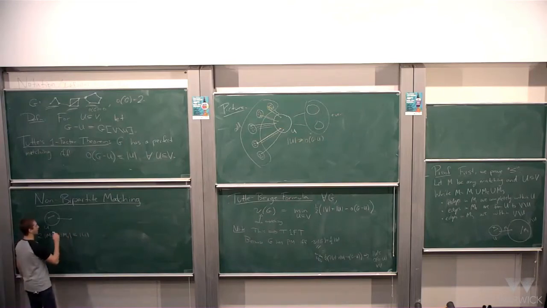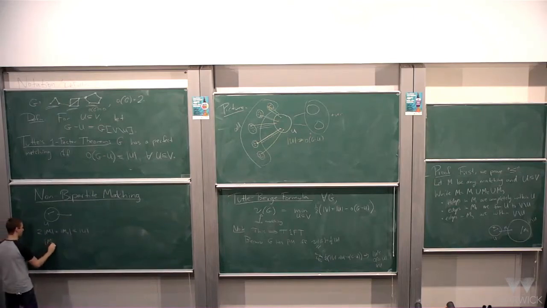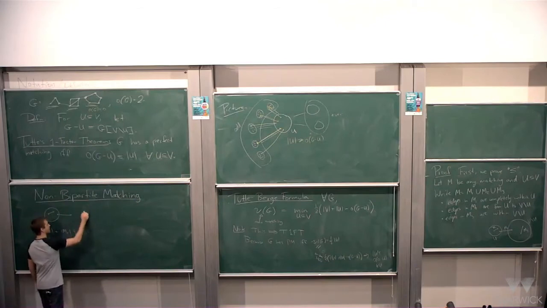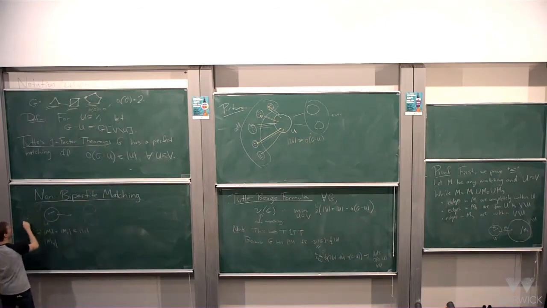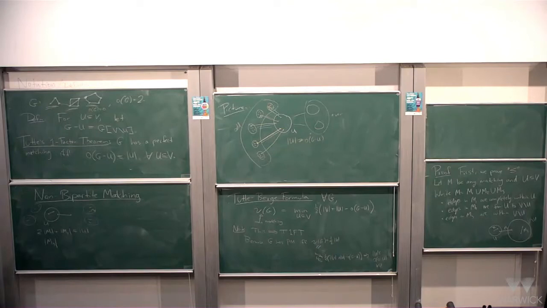And then what do I know about M3? Well, it's kind of the same picture as up there. If I look at G minus U, the edges of M3 are completely in G minus U by definition. And if I look at any odd component, M3 tries to pair up all the vertices, but on any odd component, somebody got missed, right?